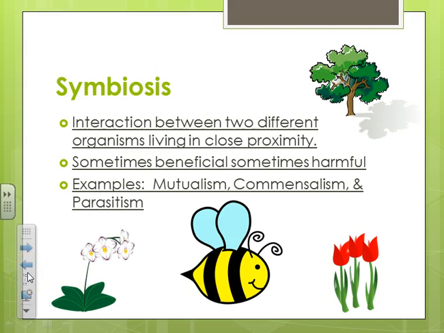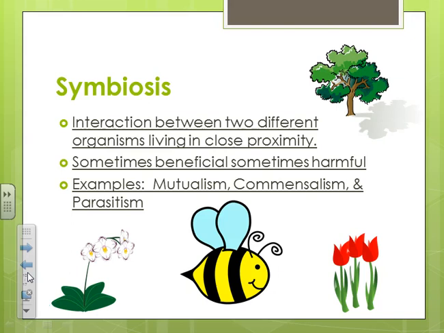Raise your hand if you've heard this word before. Symbiosis. Okay, very good. So, symbiosis is defined as an interaction that takes place between two different organisms that are living in close proximity.